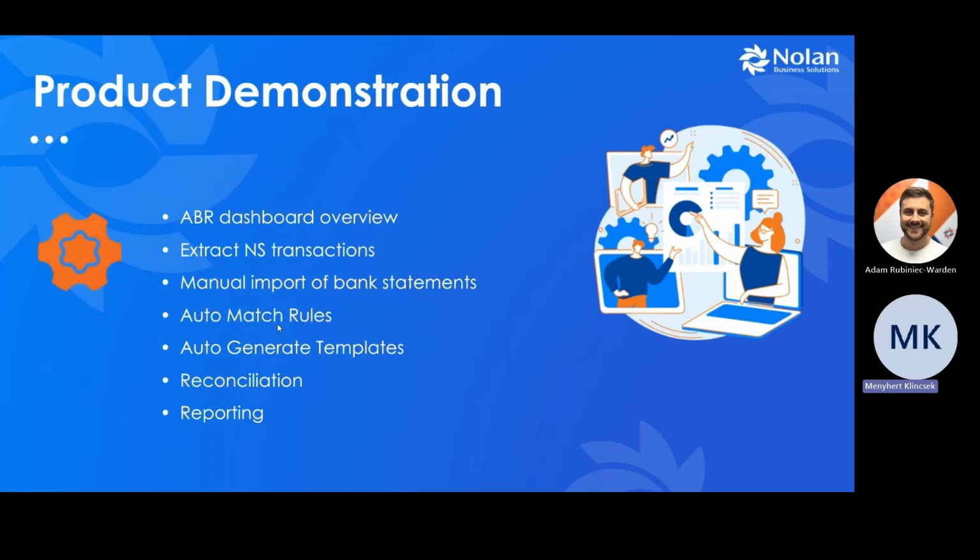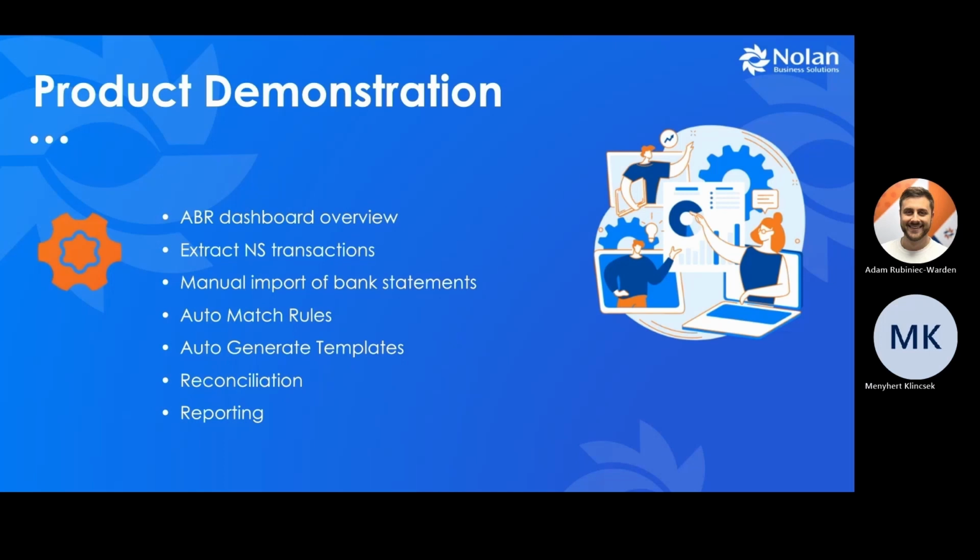We show you the auto match rules to minimize manual matching. We talk about auto-generated templates to post transactions such as journal entries, intercompany journal entries, or customer payments, including payment allocation. Finally, reconciliation for all of your matched transactions. And we also show you the month-end report and the reporting capability of our product.